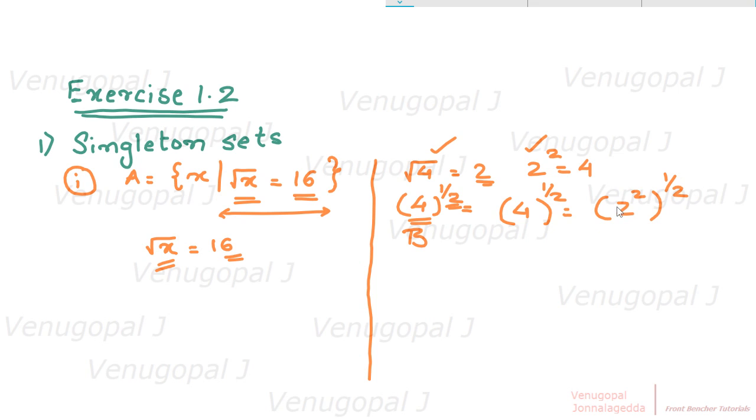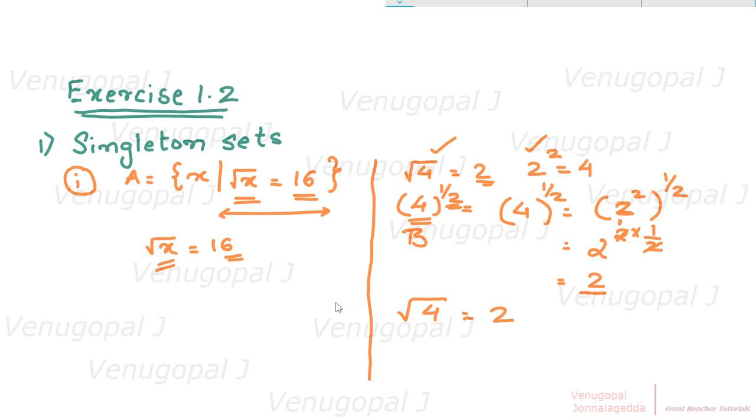So using the theory of power, I get 2 raised to 2 into half, which is 2 raised to 1, which is 2. So square root of 4 is 2.